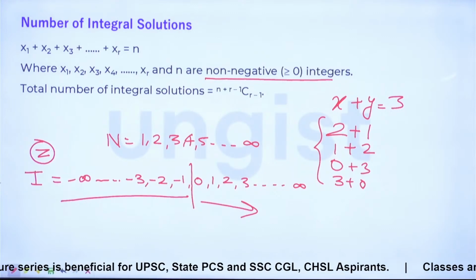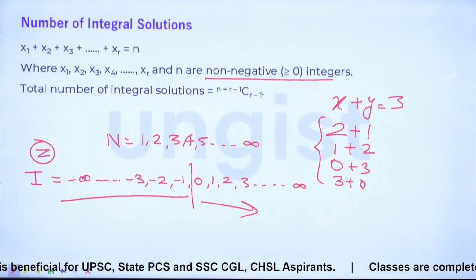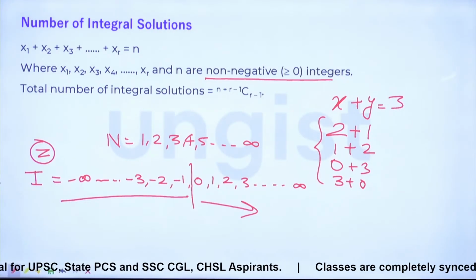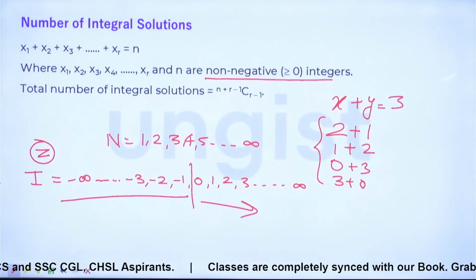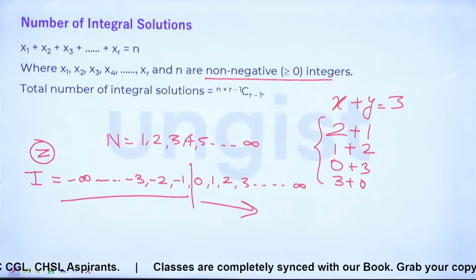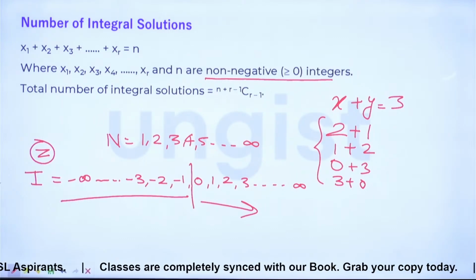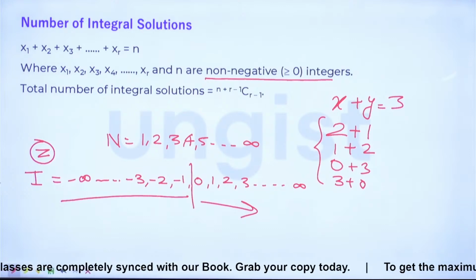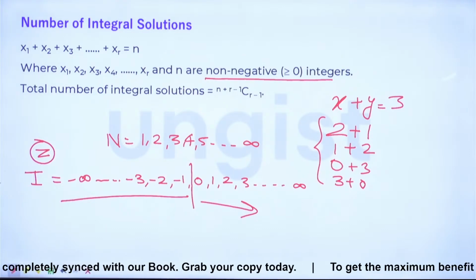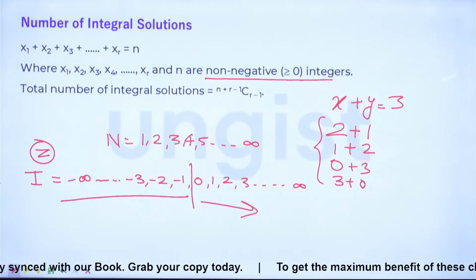Now please read that concept, right? Concept says x1 plus x2 plus x3 up to xr is equal to n, where these x1 up to xr are non-negative integers. So the number of integral solutions will be n plus r minus 1 C r minus 1.